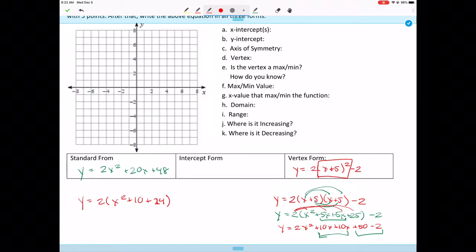Okay, and then from there you would do glasses, we do 24 and 10, and that would give us 4 and 6. And so our intercept form would be 2 times x plus 4 and x plus 6. So when you're switching forms that way, you don't ever have to worry about switching signs or anything like that.